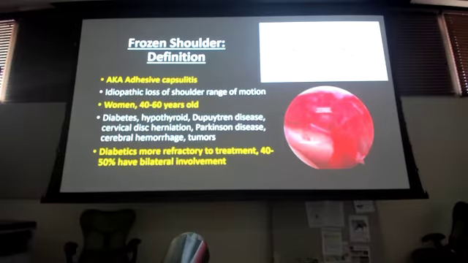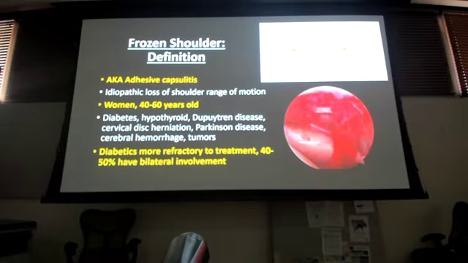Is there a capsule on your shoulder joint? Yes, correct. So when the shoulder joint capsule gets thick and inflamed, like this picture shows, do you think it's mobile? No. So if you have those adhesions in the capsule, does it result in decreased range of motion? Yes. That's how you explain it to your patient.